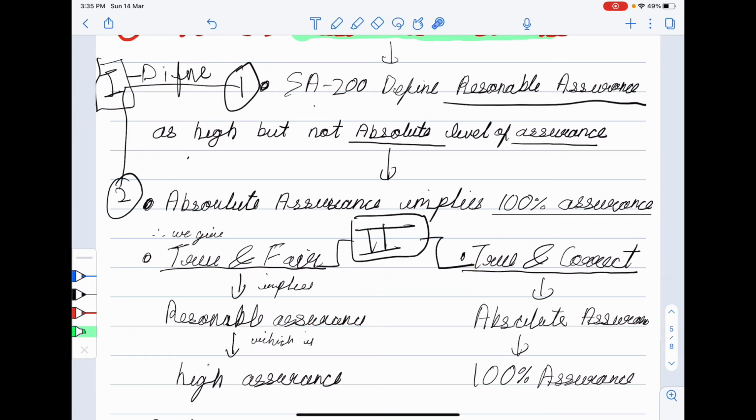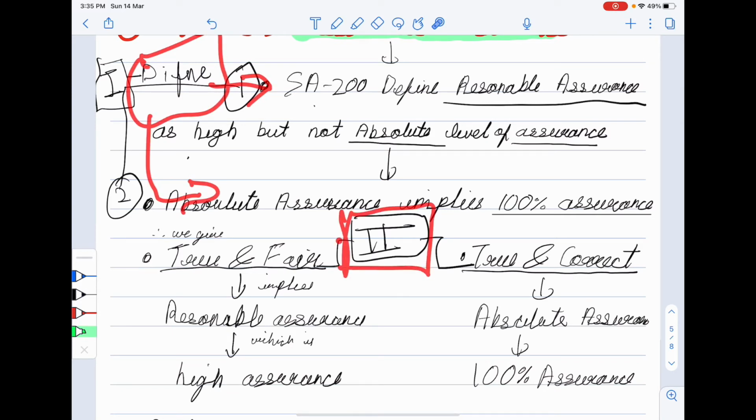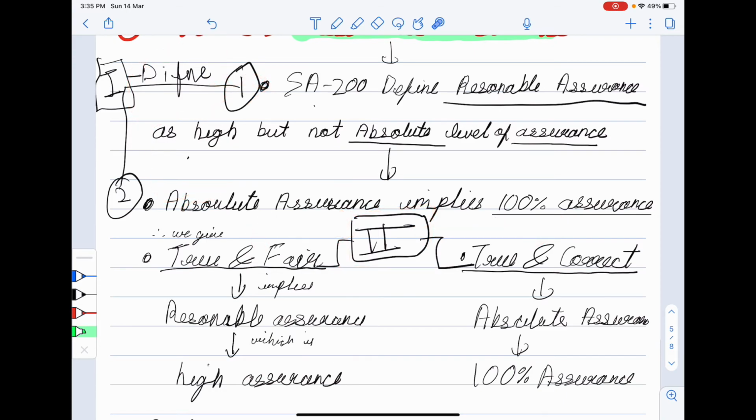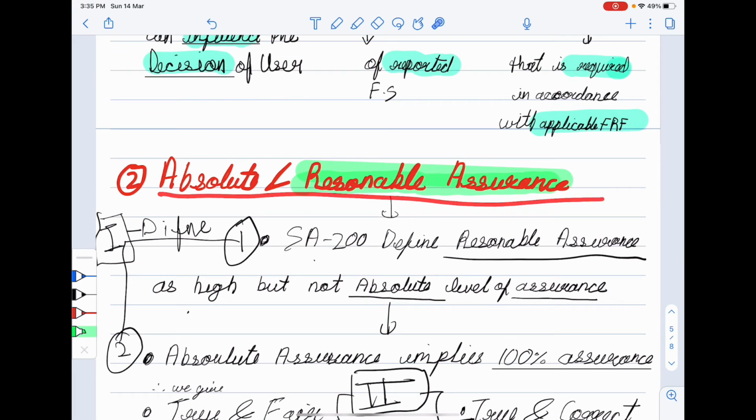True and correct implies absolute assurance, that is 100% assurance.